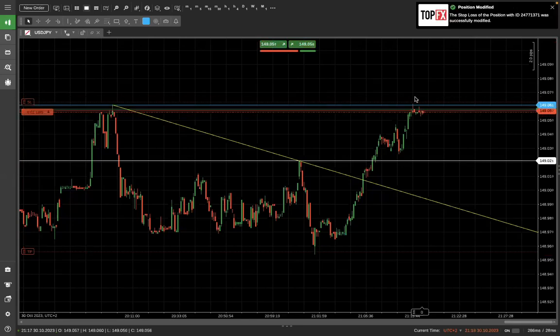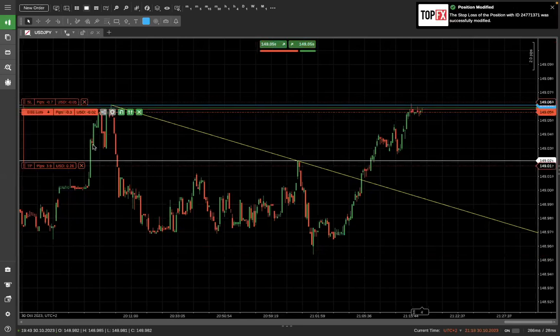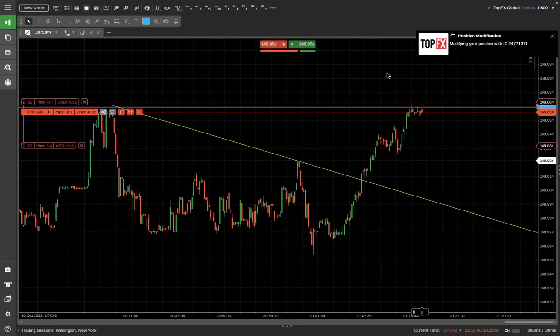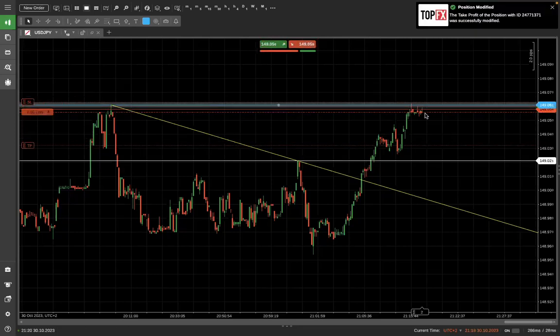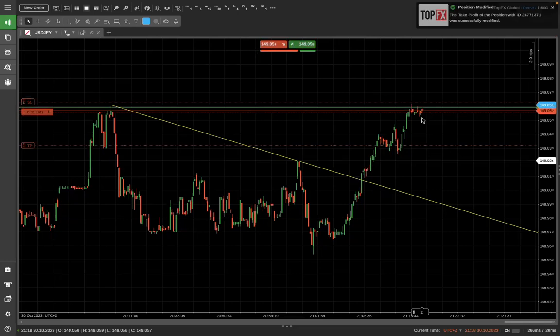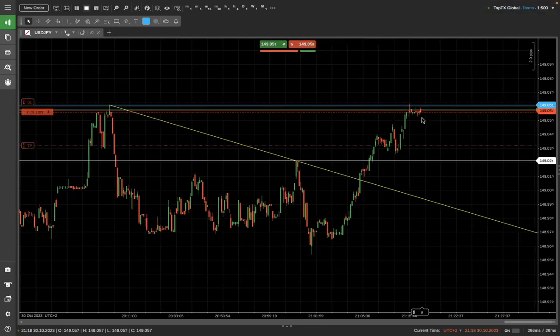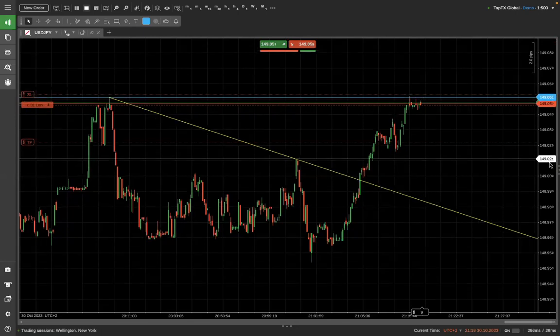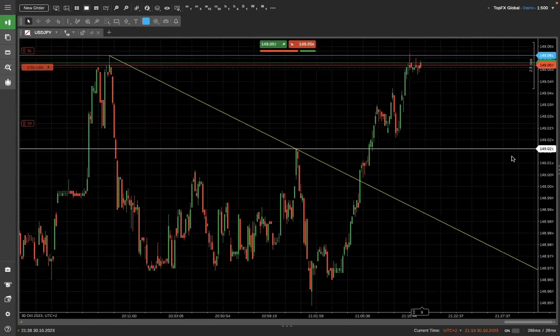I'm limiting my risk to a few pips only, maybe 2 or 3 pips. And this is why I'm doing this, because managing risk while trading during violent markets, if you are a scalper or day trader, is crucial to preserve the capital.